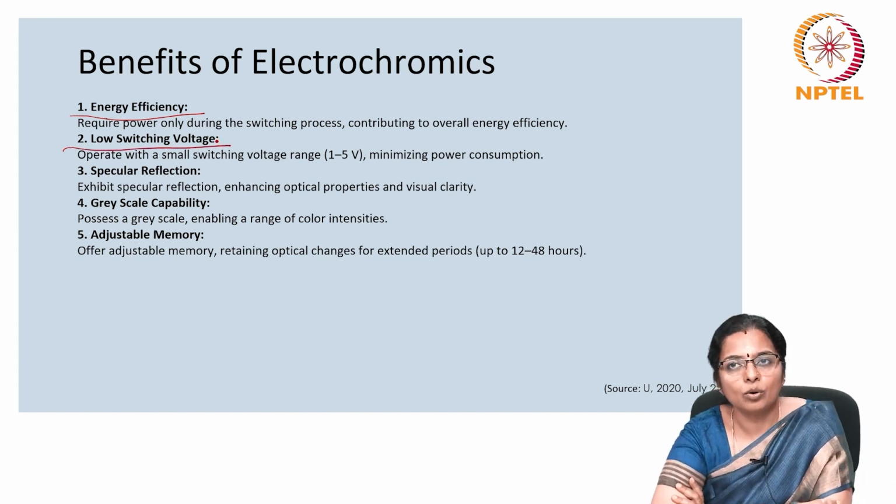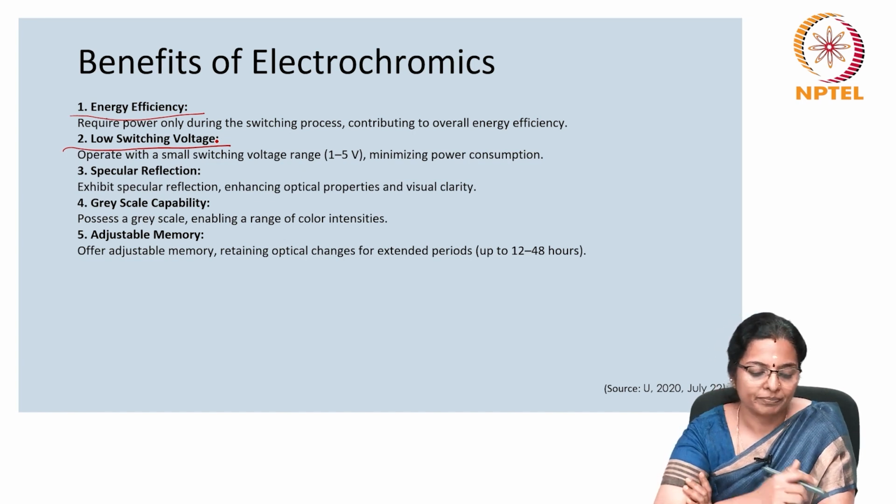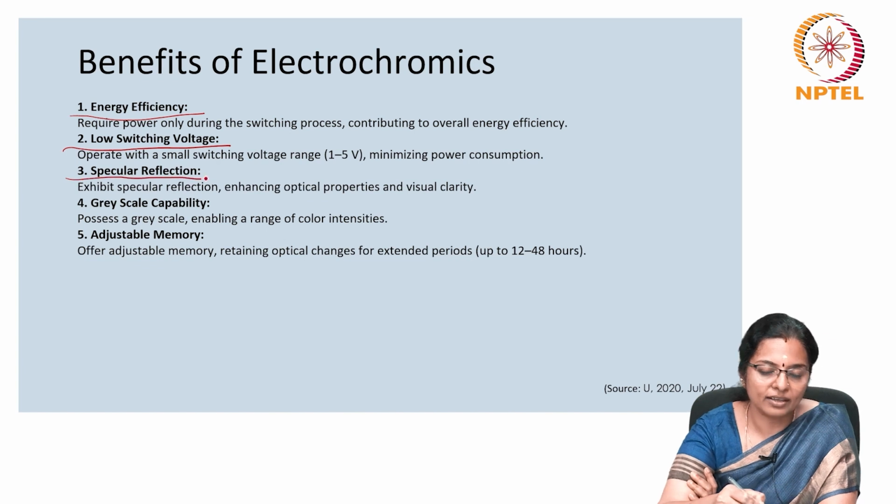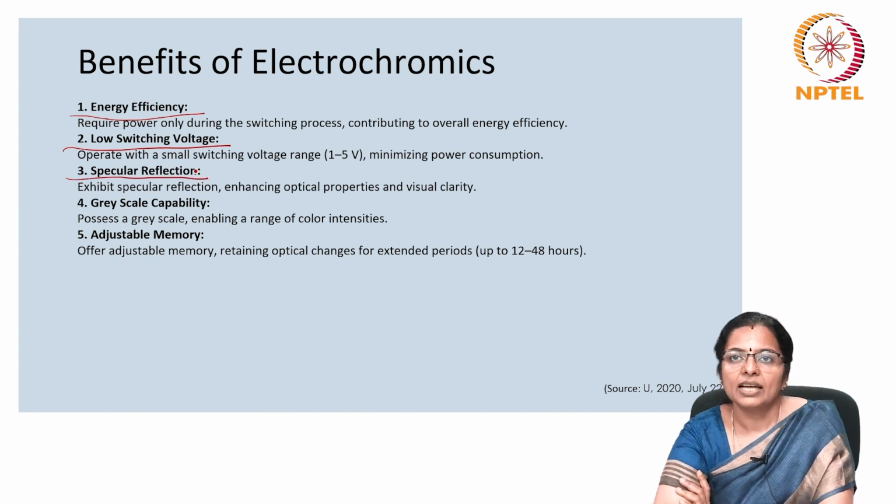They work with low voltage, just 1 to 5 volts, so they don't use much power. Third is specular reflection. They have fancy reflection that makes things look clear and nice. And these exhibit specular reflection, enhancing optical properties and visual clarity.